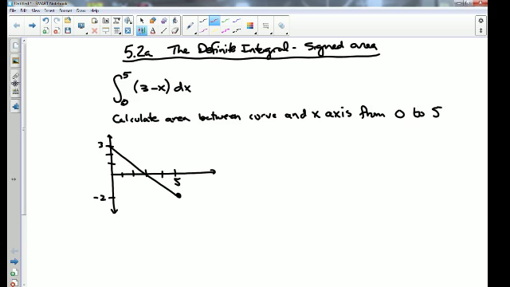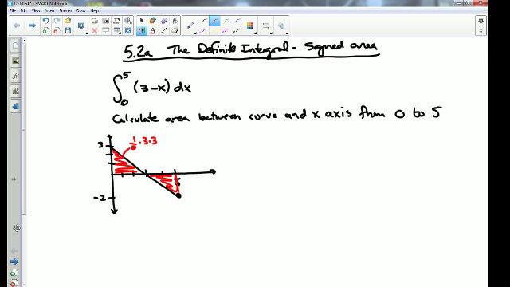So geometrically, you're looking at the area of that triangle and the area of that triangle, right? So this is one half, 3 times 3, right?